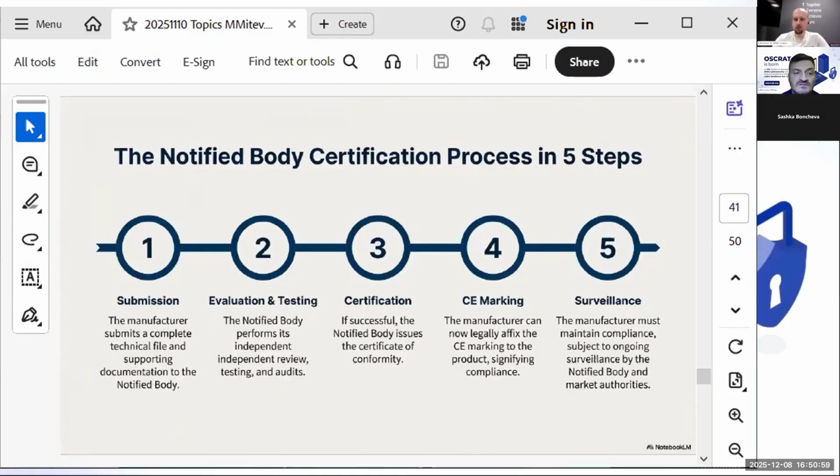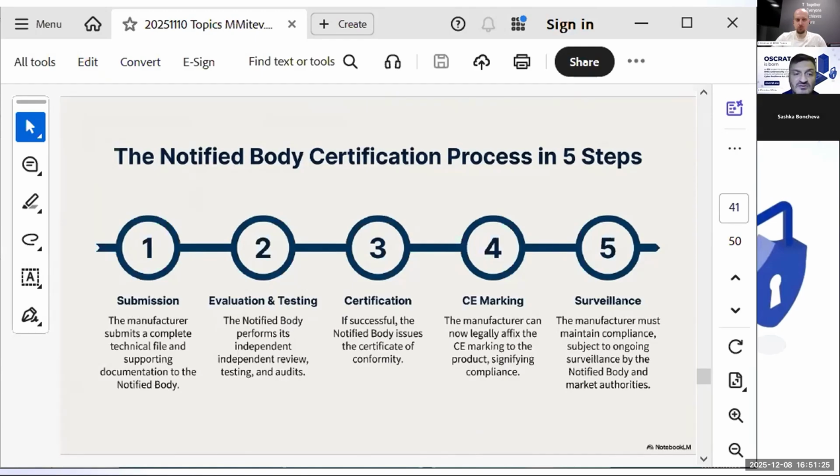Third, if all requirements are satisfied, the notified body issues a certificate of conformity. Fourth, once the certificate has been received, the manufacturer can place the CE marking on the product. This marking shows that the product meets European rules.